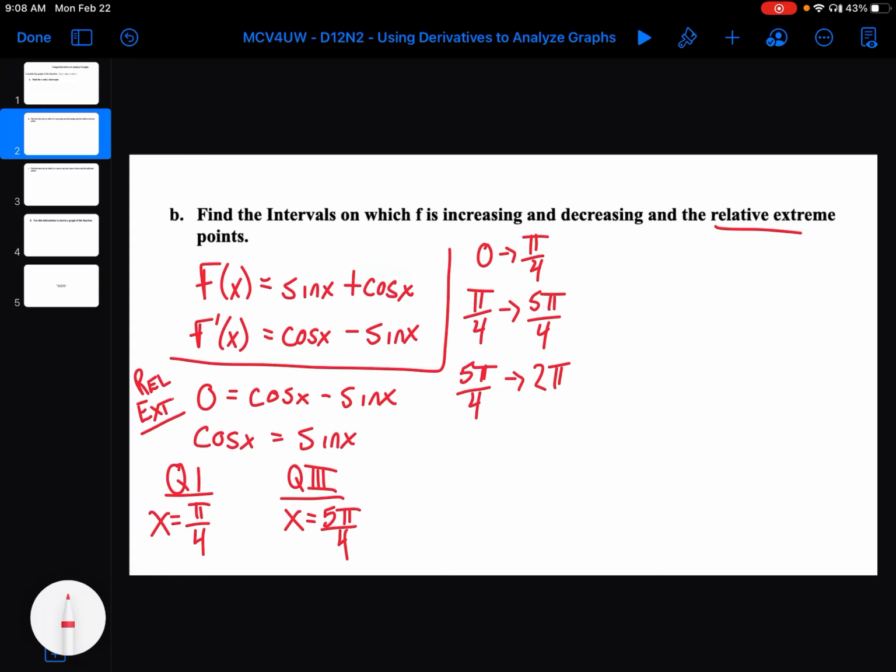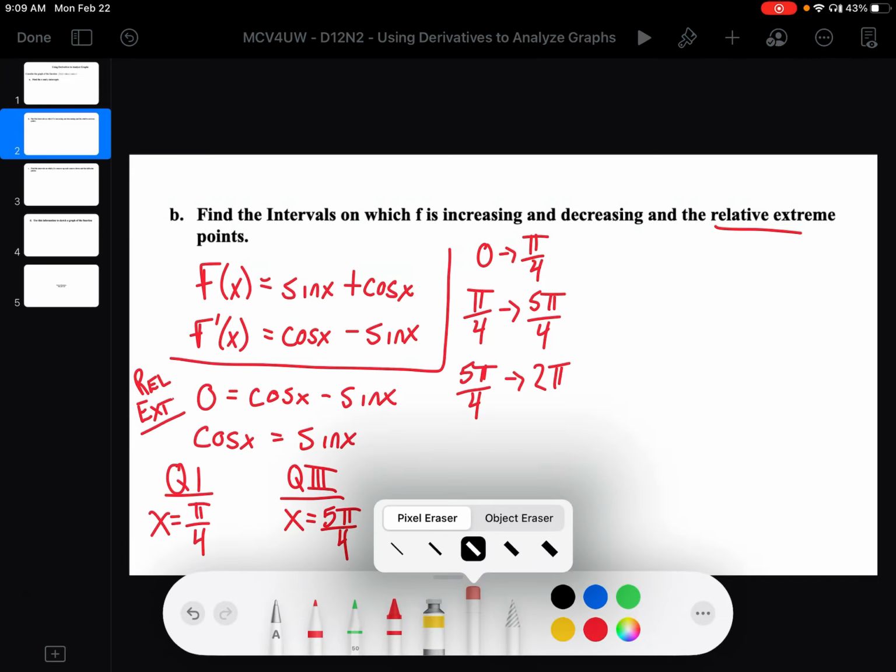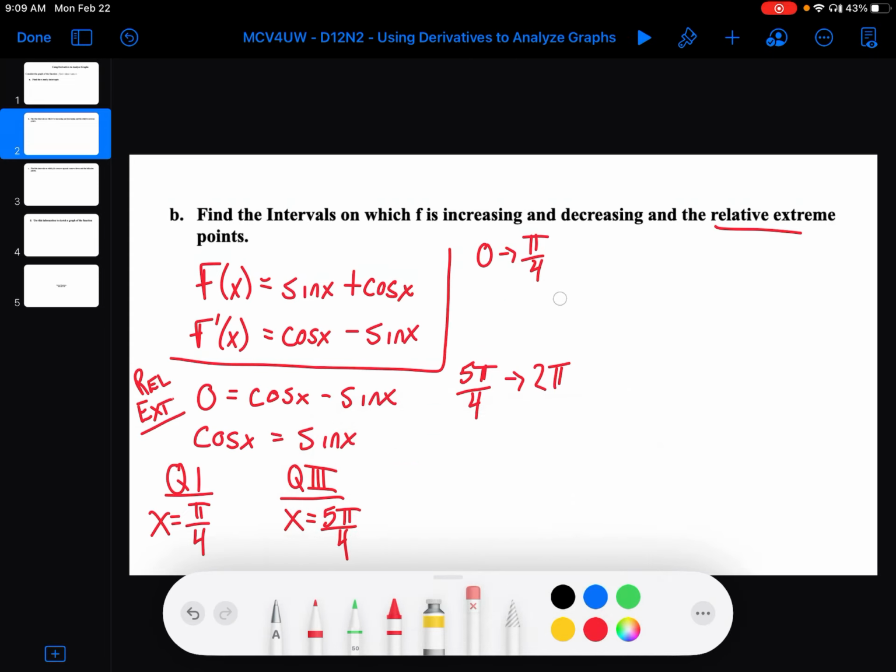consider. So if I were to take my graph, I should actually spread that out a little bit so that we've got a little bit more room. But if we were to look at this, I can sub in a value between those two. So I'm going to have f prime at pi by 6.